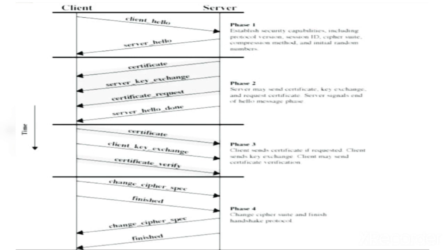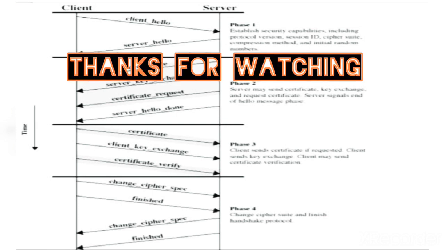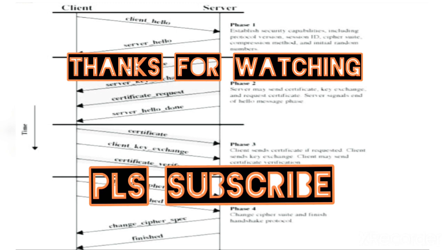Secure socket layer was originated by Netscape and it is designed to make use of TCP to provide reliable end-to-end secure services, and hence it is a two-layered protocol. So this is regarding the secure socket layer.